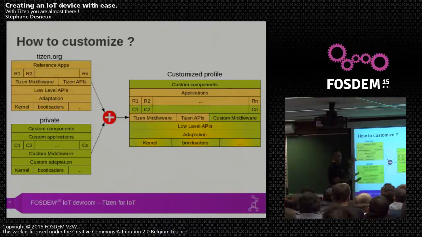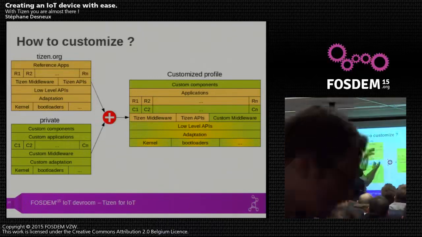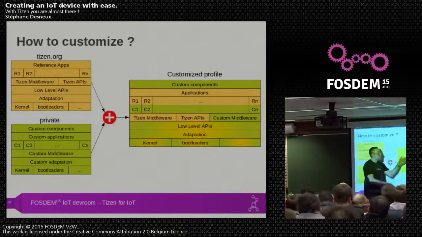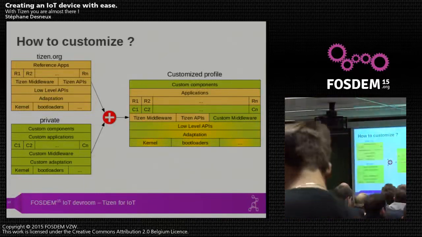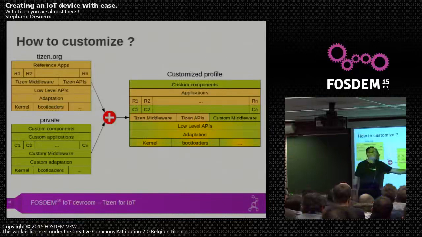And depending on the build system, you'll have to glue the way that both layers can merge, and you'll get some specific private version of your Tizen. The idea is simply to integrate your specific hardware, for example, your kernel, your bootloader, depending on your platform. If you have a specific API for something, just put it here, or perhaps here, I don't know.